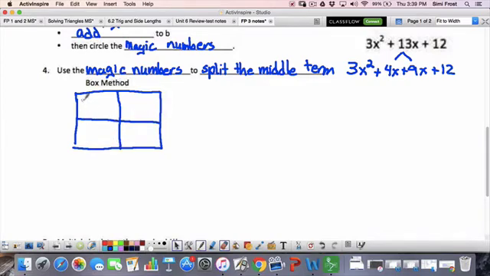Okay, in this box, you're going to put the first term. In this box, you're going to put the last term. Okay, in these two empty boxes here, we're going to put our split middle term.